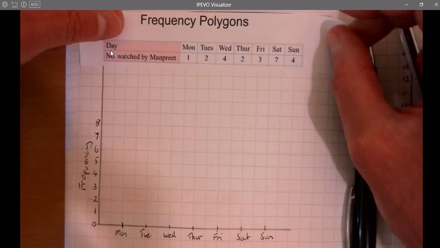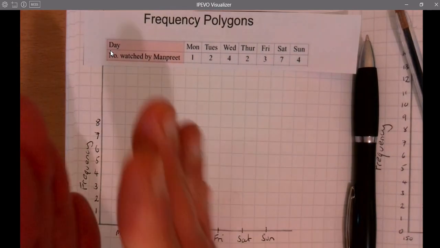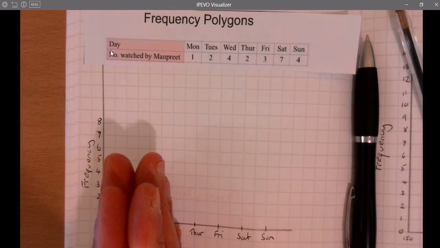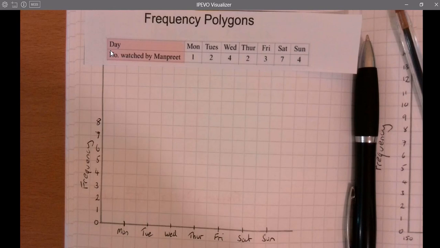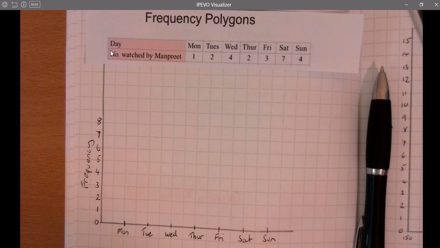So this was, when you draw this as a bar chart, we're just sticking a bar for Monday and a bar for Tuesday, Wednesday, etc. Because one continues to the next, it's quite acceptable actually just to have them connected together with no gaps in there. So what we've got here is a frequency polygon.